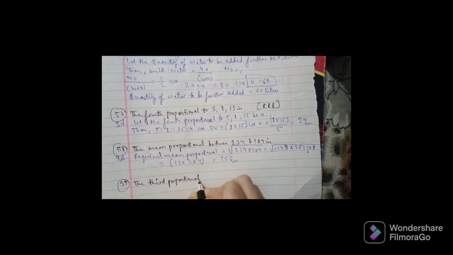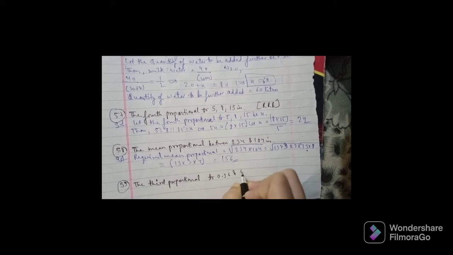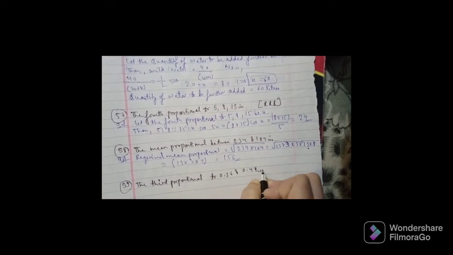The third proportional to 0.36 and 0.48 is. Okay, so let's find it out here, and which is of course an important one.